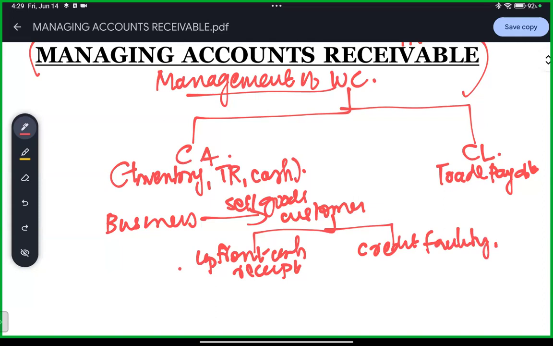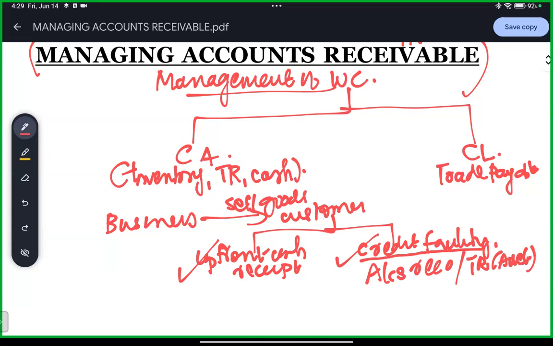If you receive upfront cash, then there is no chance for a receivable. If you provide credit facility, till the time they settle their liability, this customer is your accounts receivable, or trade receivable, which is an asset for a business, and a current asset because it is to be settled within 1 year.